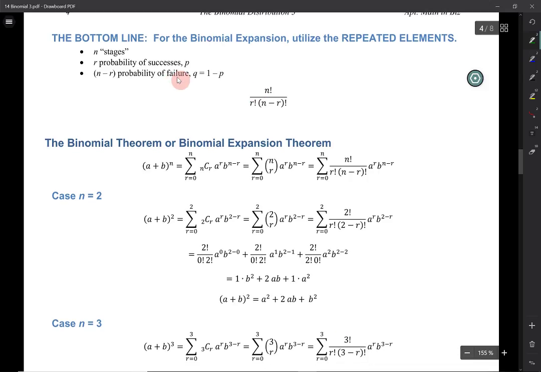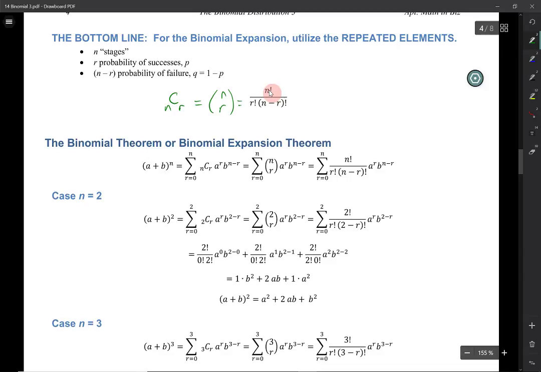You might remember that this nCr, which is also written as n choose r, has this kind of a definition, right?